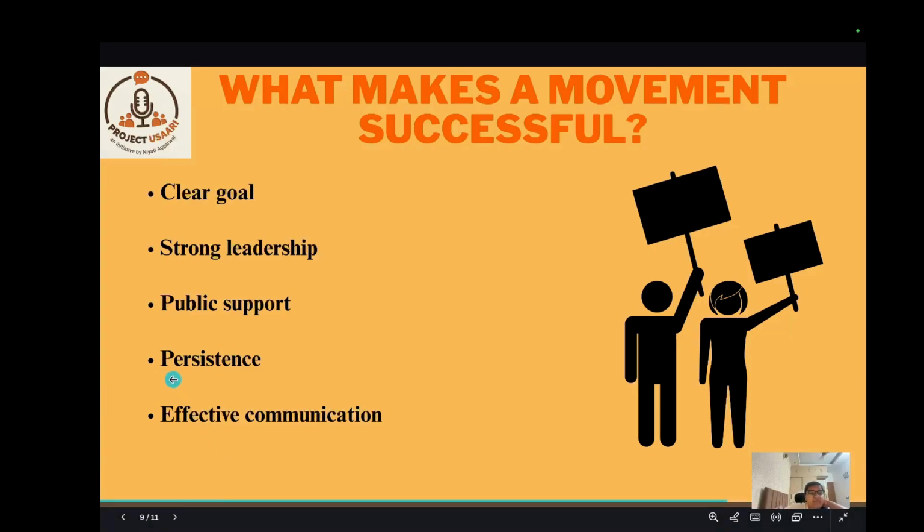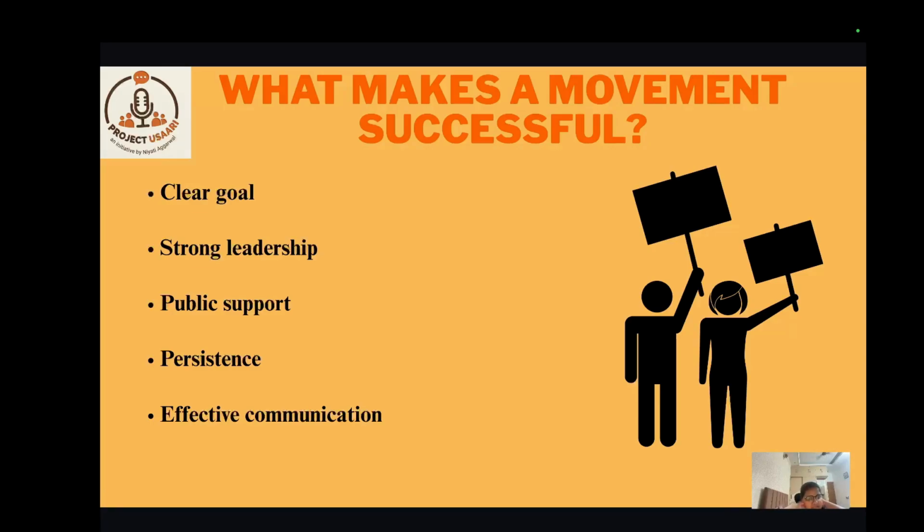Persistence means people continue towards change no matter how slow or difficult the journey becomes in between. You must persist, you must continue changing whatever you think is bad. Lastly, effective communication. The movement should clearly explain how its message is going to be communicated amongst the masses.